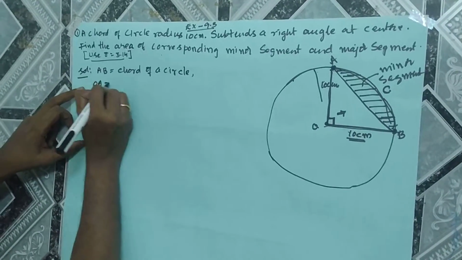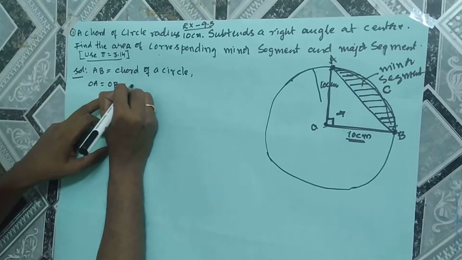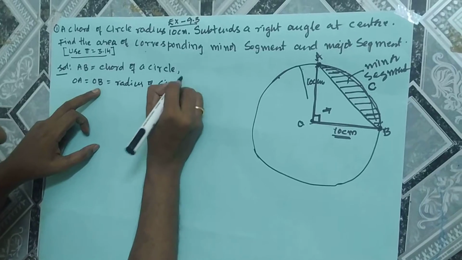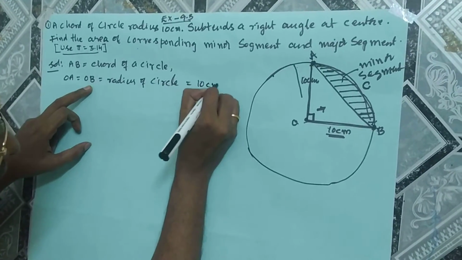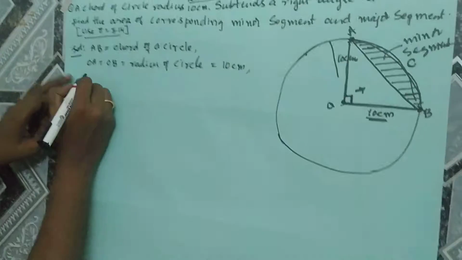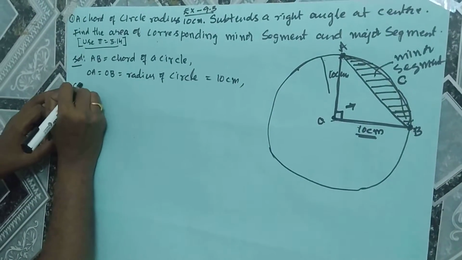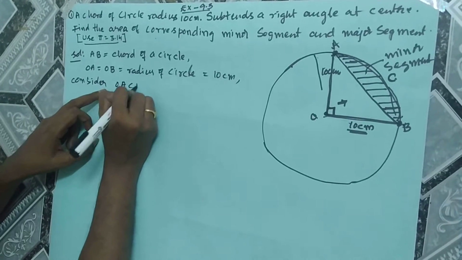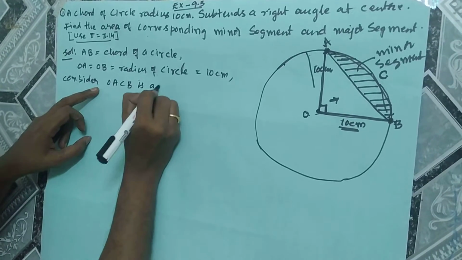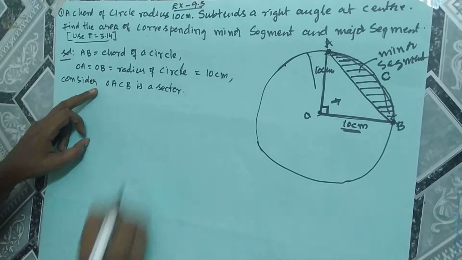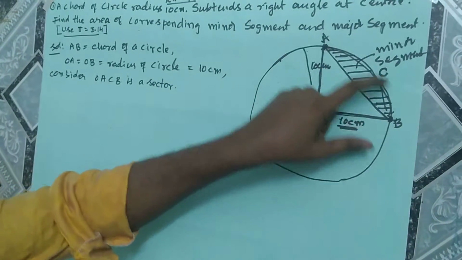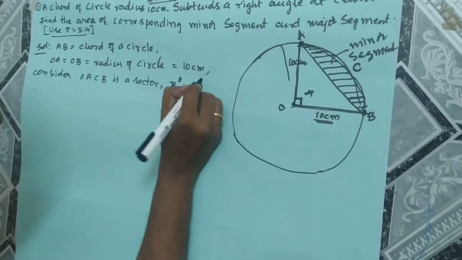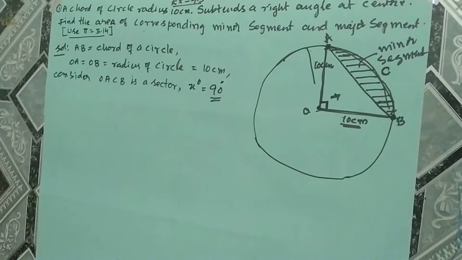OA equals OB equals the radius of the circle, that is 10 centimeters. Consider OACB, a sector. In this sector, the angle of the sector x degrees is given as 90 degrees.